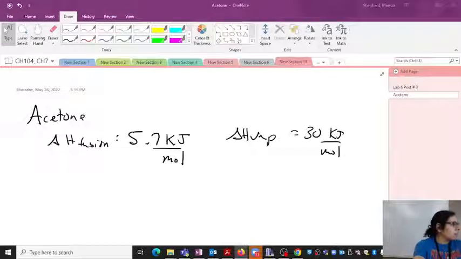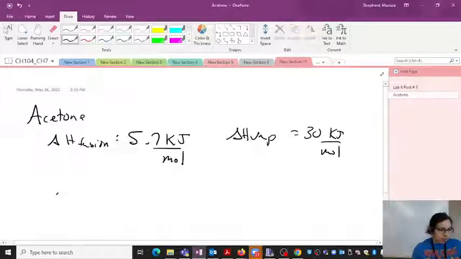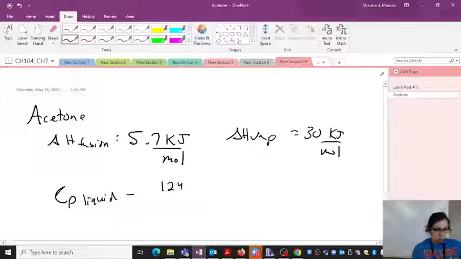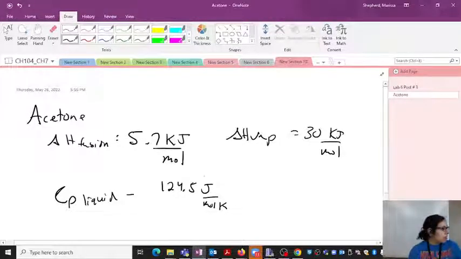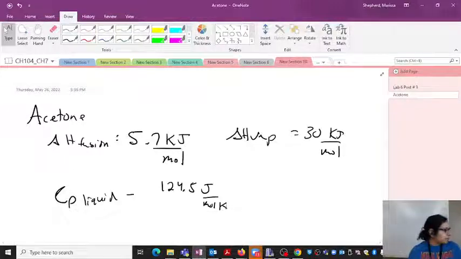And we need specific heat of acetone. So our heat capacity for a liquid of acetone is 124.5 joules per mole Kelvin. And you have to watch the units on these because, again, you could look it up and be given them in different units.